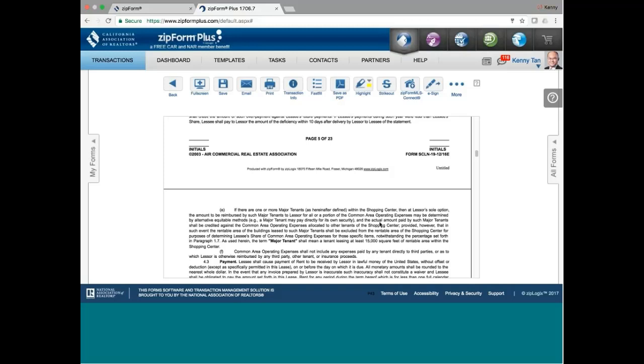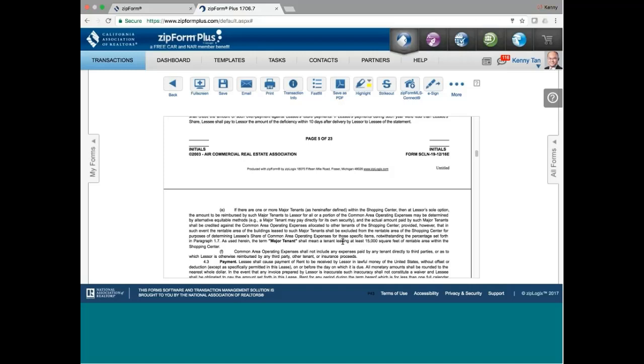And the actual amount paid by such major tenant shall be credited against the common area operating expenses allocated to other tenants of the shopping center, provided, however, that in such event, the rentable area of the buildings leased to such major tenants shall be excluded from the rentable area of the shopping center for purposes of determining lessee's share of common area operating expense for those specific items.